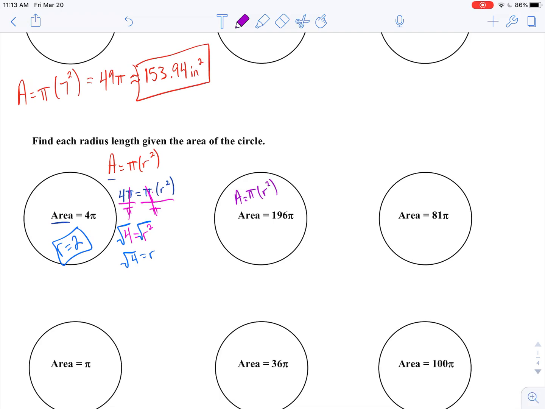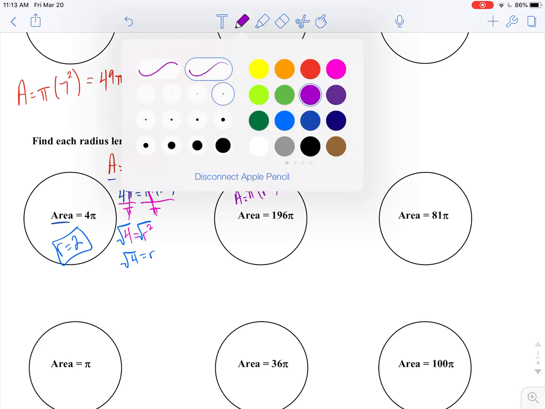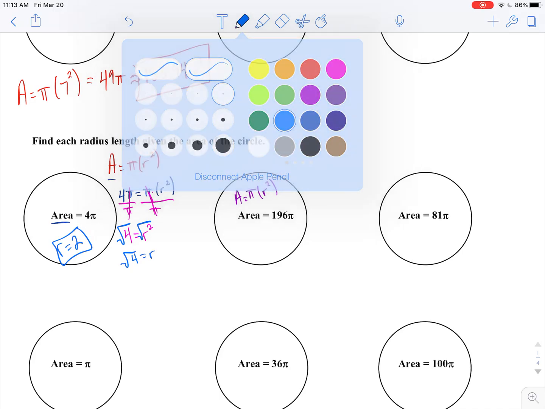All right, let's try this one here. So area still equals pi times r squared. Now, if this is my area, where am I going to substitute the area value in to this equation? Where would the area value go?